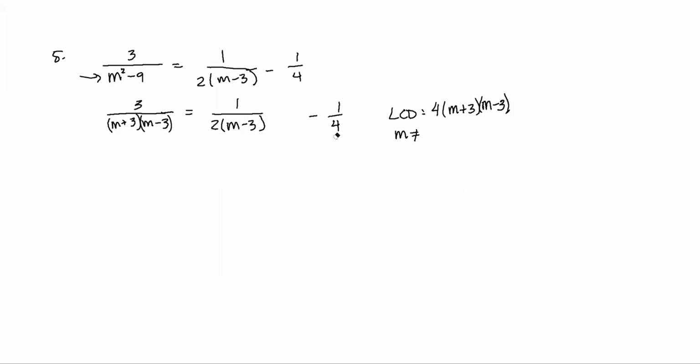Now let's go ahead and talk about what m cannot equal. So let's take our first denominator here. So m plus 3, m minus 3, and say that that cannot equal 0. If we split that up, we get m plus 3 cannot equal 0, and m minus 3 cannot equal 0.